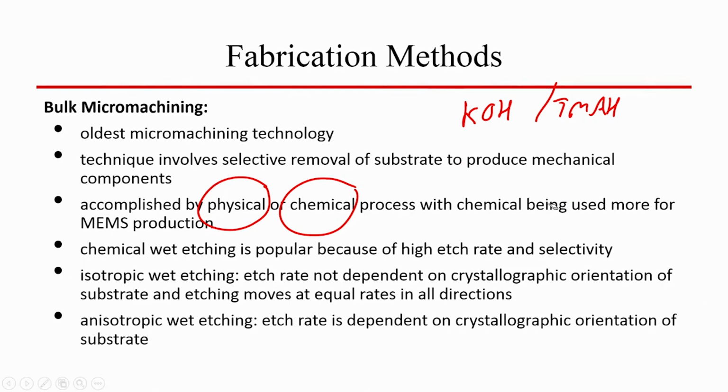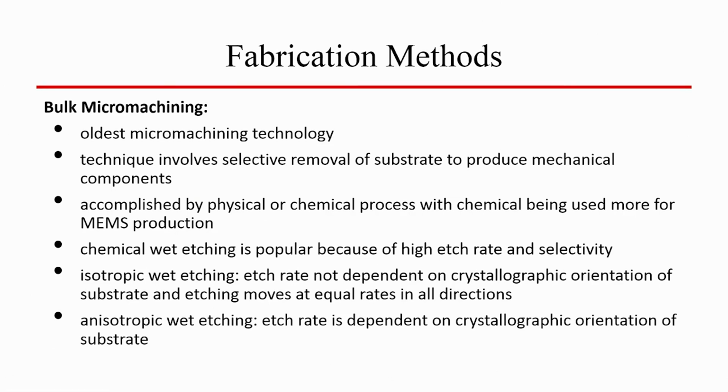So, chemical being used mostly when we are going to fabricate MEMS based sensors. The chemical wet etching is popular because of high etch rate and selectivity. There is isotropic wet etching, where etch rate is not dependent on crystallographic orientation of the substrate and etching moves at equal rates in all the directions, while there is anisotropic etching, where etch rate is dependent on crystallographic orientation of the substrate.